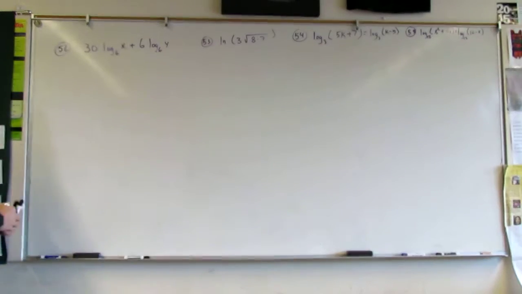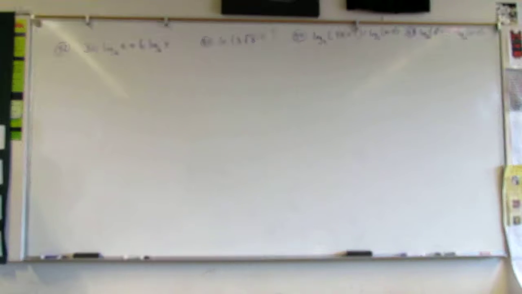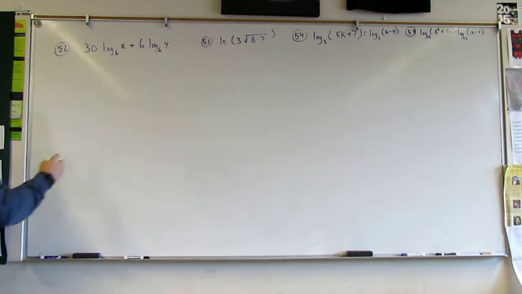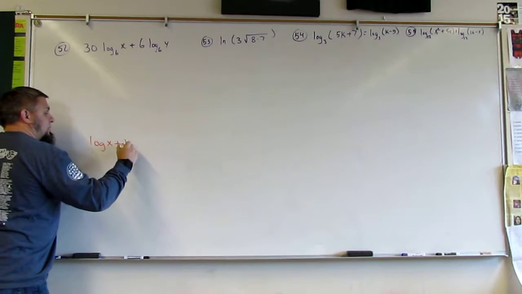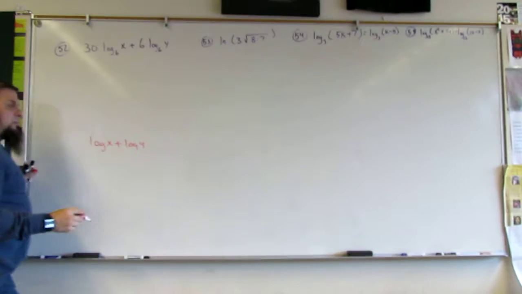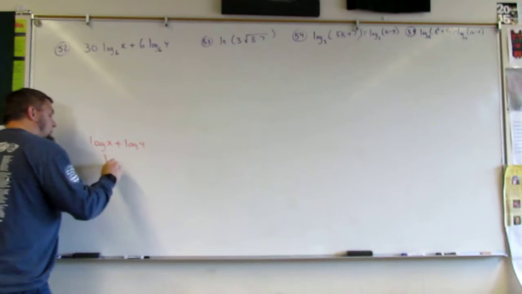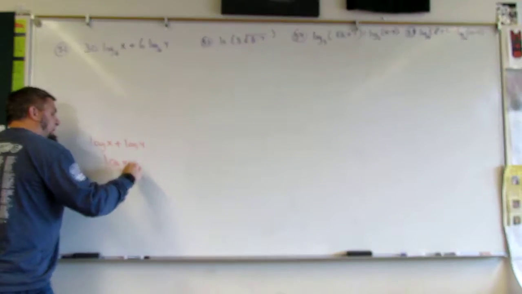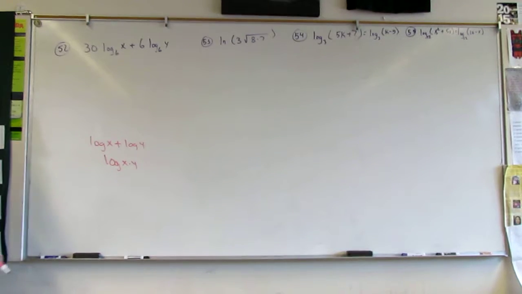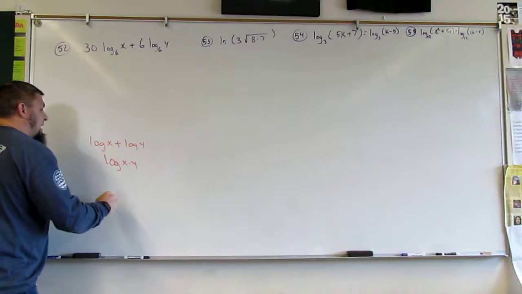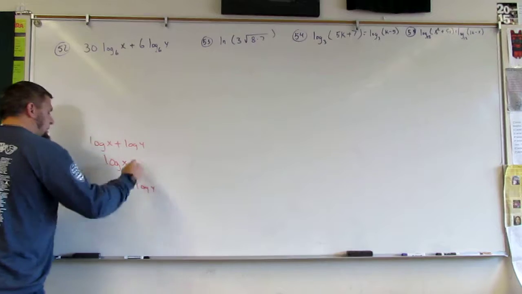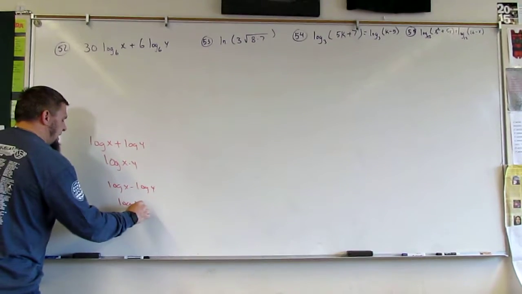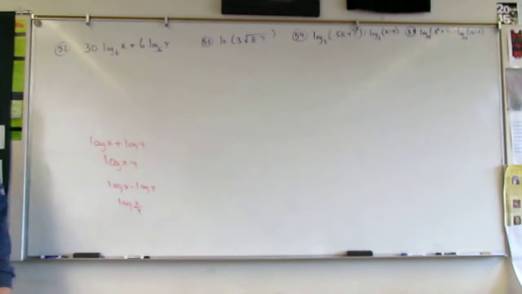All right, so we have to learn some of the rules. The rules are, if I have log of x plus log of y, then that's really log of x times y. Another rule is, if it's minus, then it's divide. So if I had log of x minus log of y, then that would be log of x divided by y.